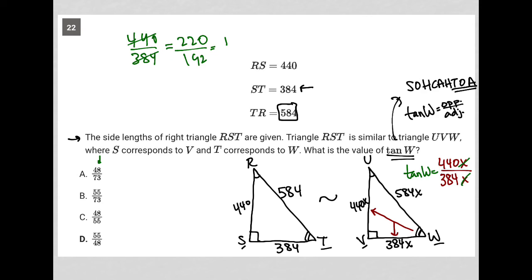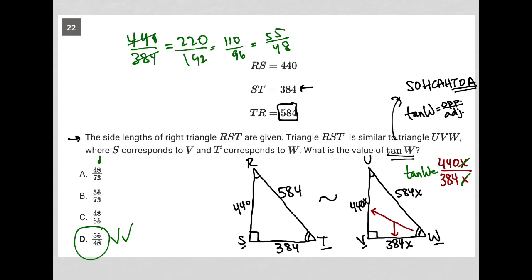I can do that again. I'd have 110. 192 divided by 2 is 96. I can do that again. I'd have 55. And 96 divided by 2 is 48. And that answer I do see. That's choice D. Okay, so there's our answer.